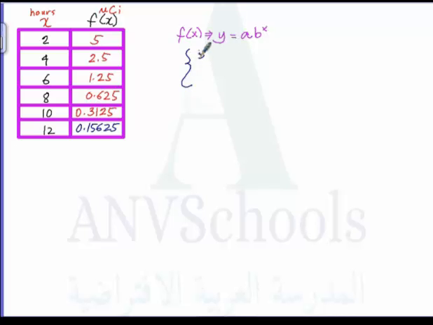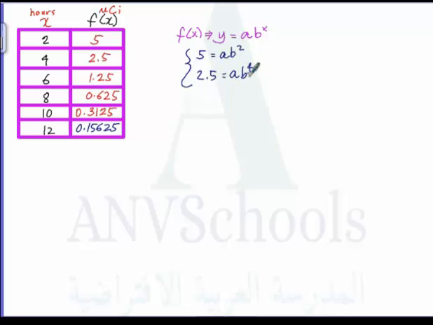So we have 5 is equal to ab squared. And then we have 2.5 is equal to ab to the 4.